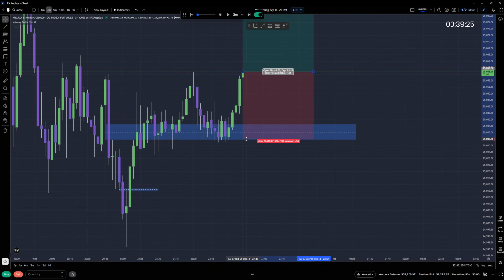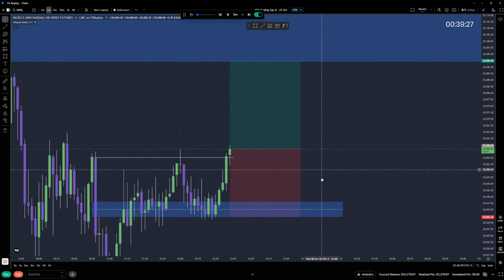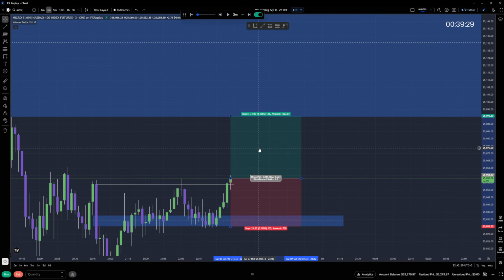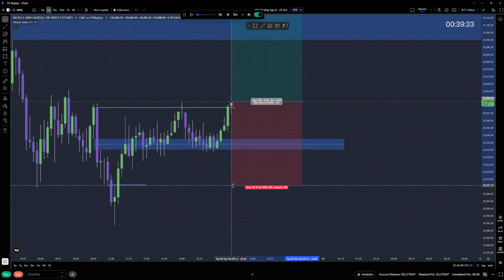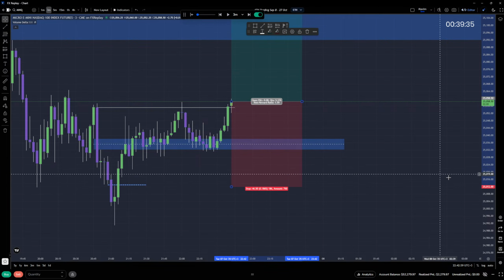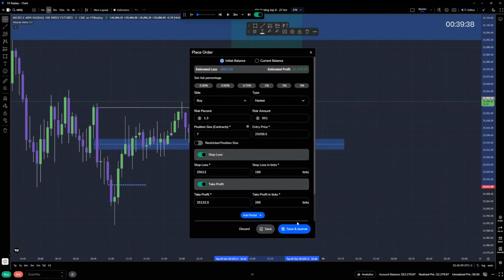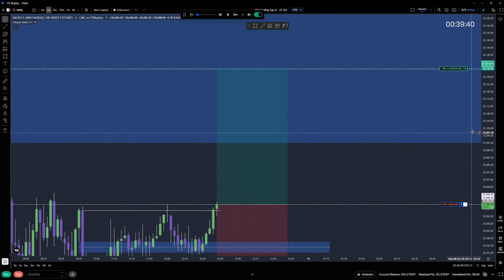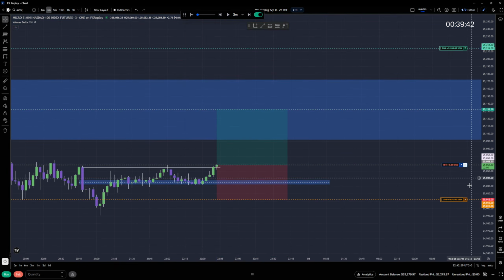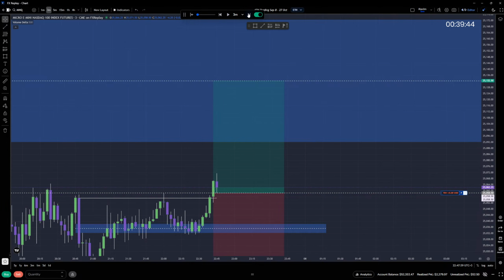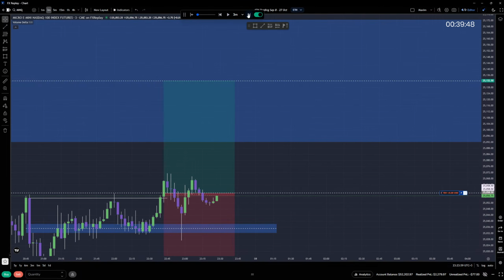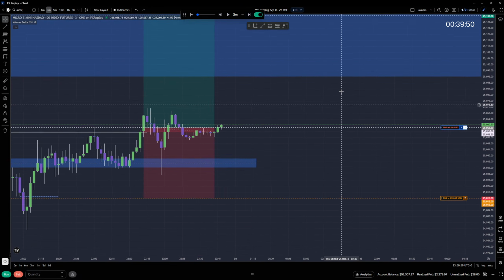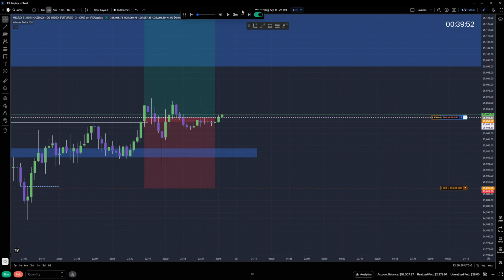My stop loss. I get enough risk reward with that, so I'm gonna target the midway and make a maybe more proper stop loss like that. Okay, I'm just gonna get out break even here.